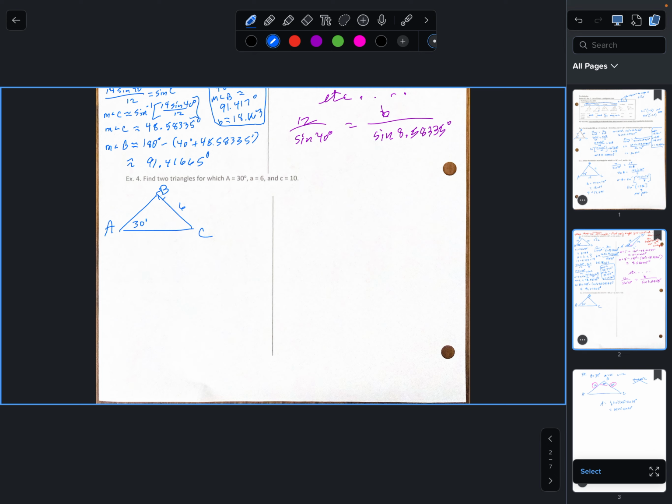And that comes out to 123.55731. And that's going to be this angle right here. This stays 30, this stays 10, and this stays 6. And then you just continue to solve for all the pieces, as though they are two different problems.